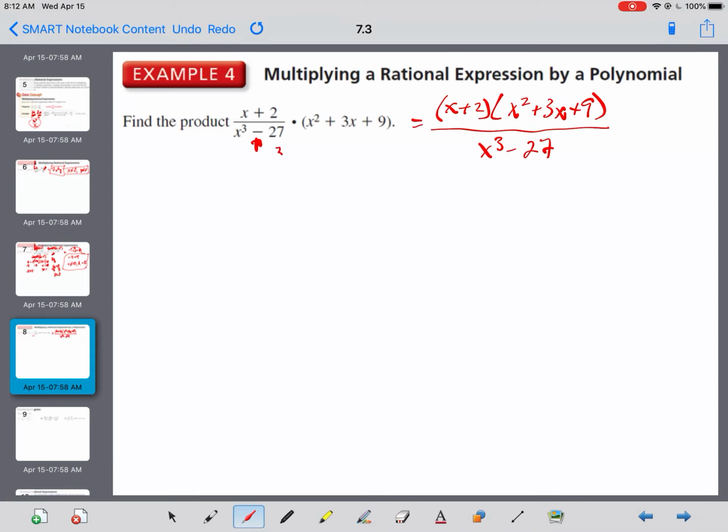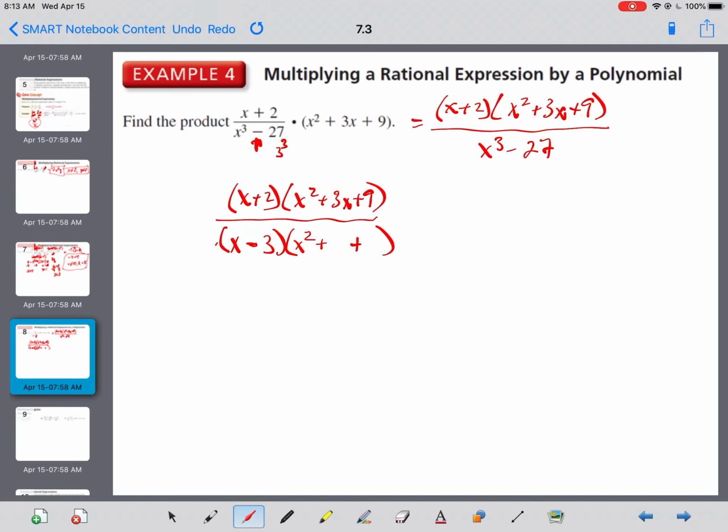Okay? Now, x to the third minus 27, that is a difference of cubes. I've got a difference, and 27 is 3 cubed, and x is cubed. That has a pattern to it. So we got x plus 2 over x squared plus 3x plus 9, and we've got a pattern. It's going to be same, change, always positive. Each one gets an x, and it gets a 3.